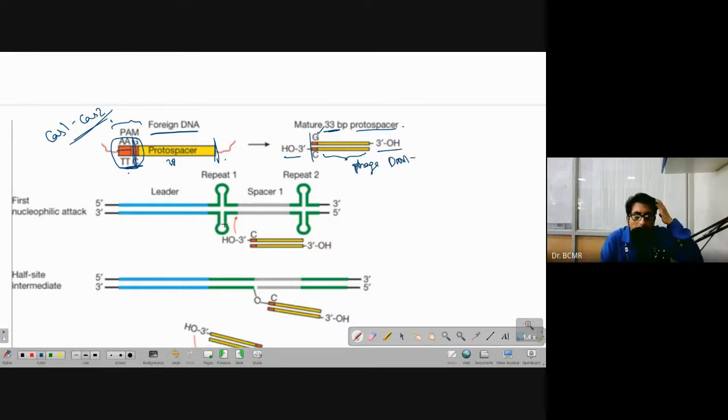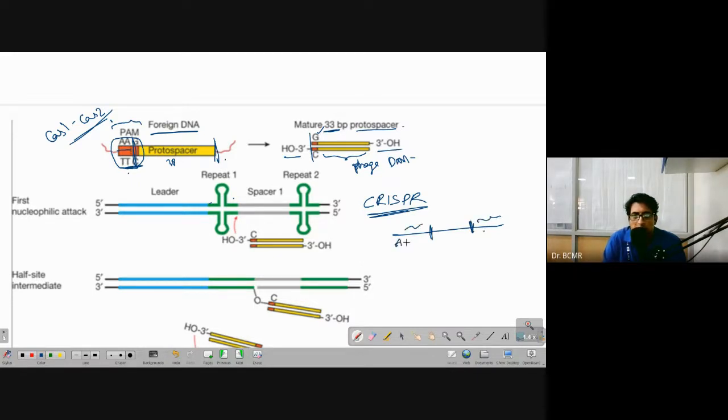Now, the CRISPR array, the genes that are present here, these are the palindromic repeats. We said this palindrome means the region here is kind of complementary to this region. You can say it like this.